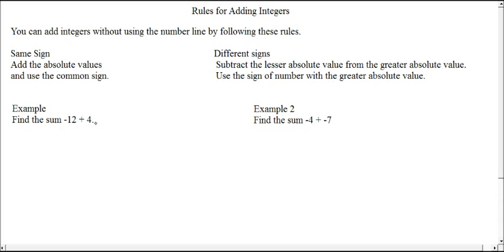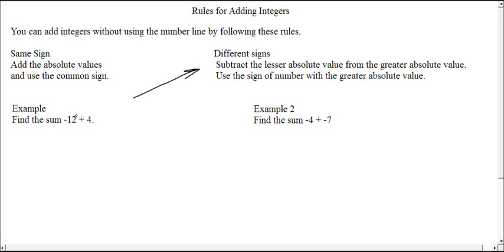It says find the sum of negative 12 plus 4. So now we go back to our rules, and our rules point here. Different signs. Since the signs are different, it tells us to subtract the lesser absolute value.